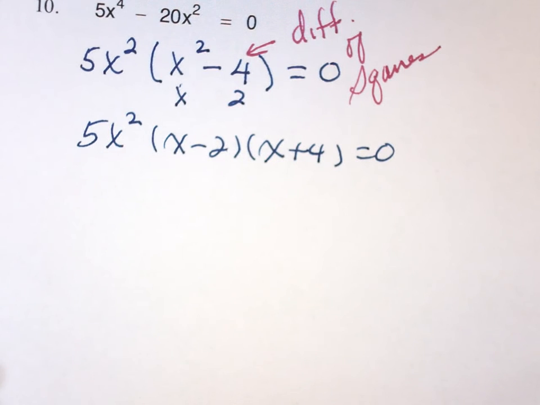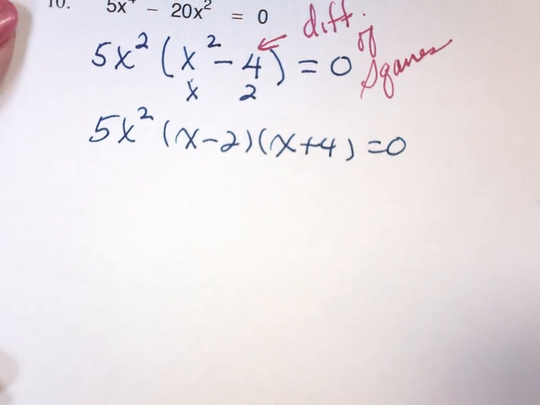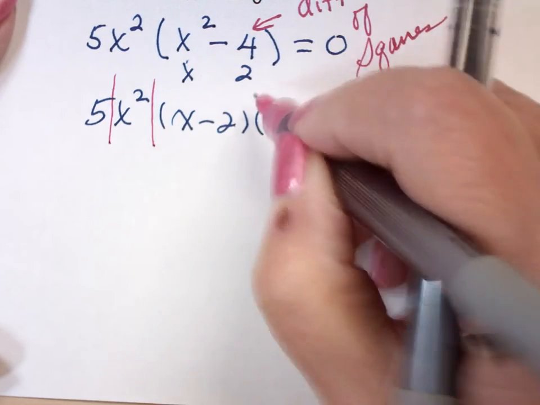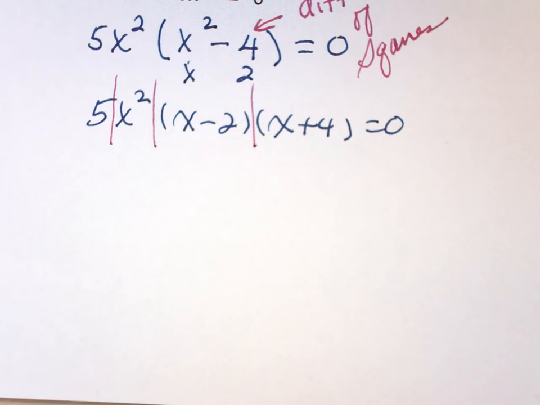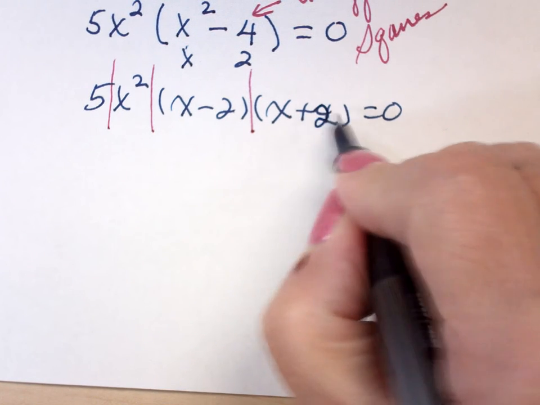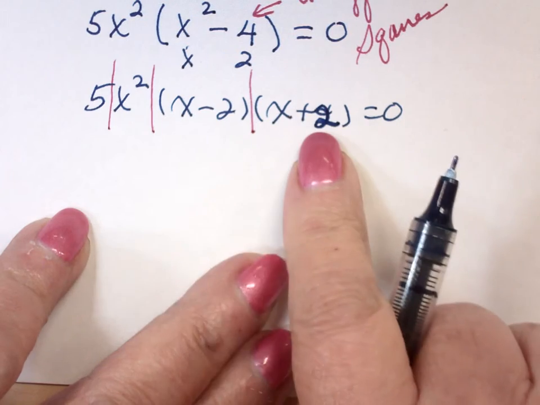Now we have a bunch of stuff that equals 0. Now here's where you guys get a little bit confused. I have a 5, I have an x squared, I have an x minus 2 and an x plus 2. I already moved on. X minus 2, x plus 2.